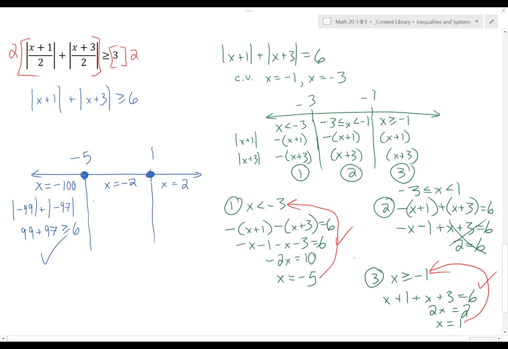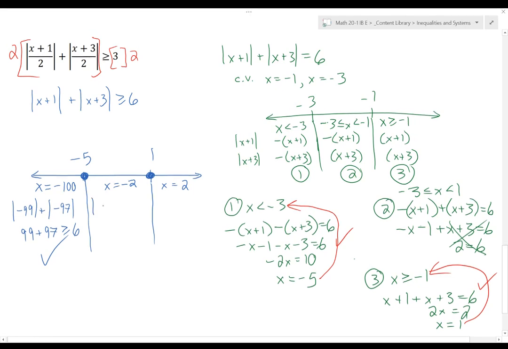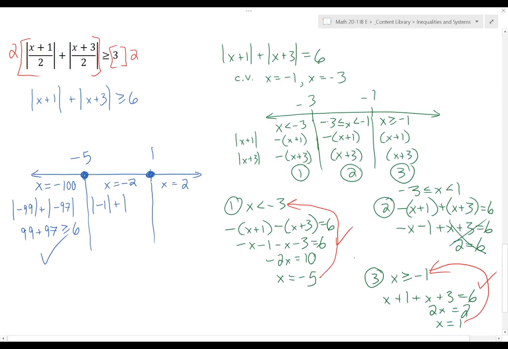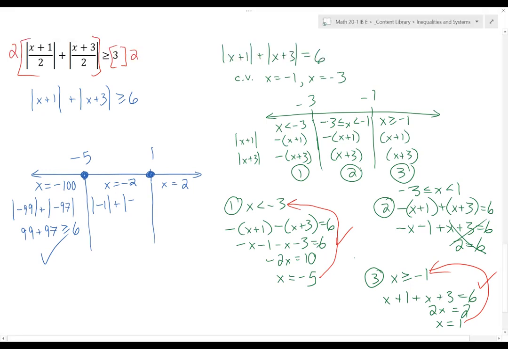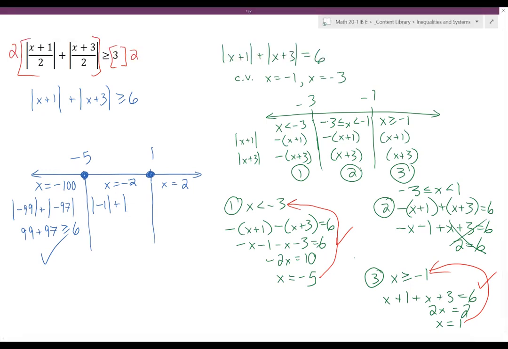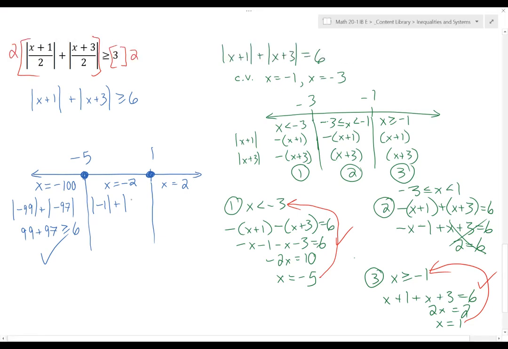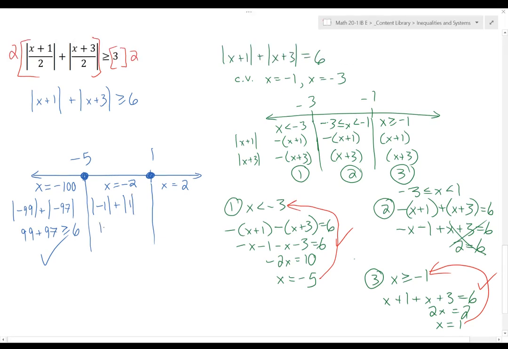If I'm testing x equals -2, I've got the absolute value of -2 plus 1, which is -1, plus the absolute value of -2 plus 3, which is 1. And so 1 plus 1 is 2, which is definitely not greater than or equal to 6.